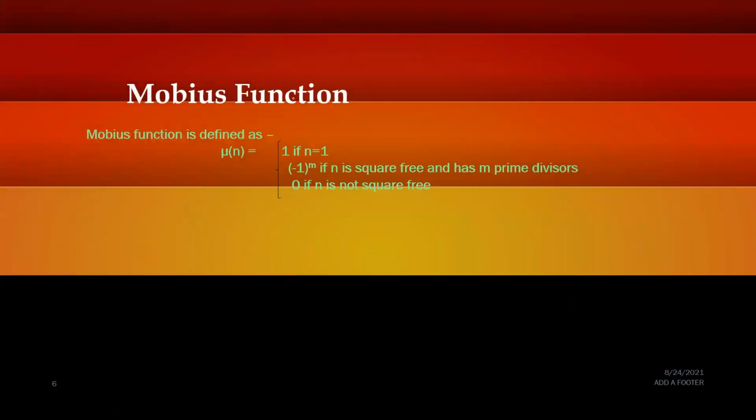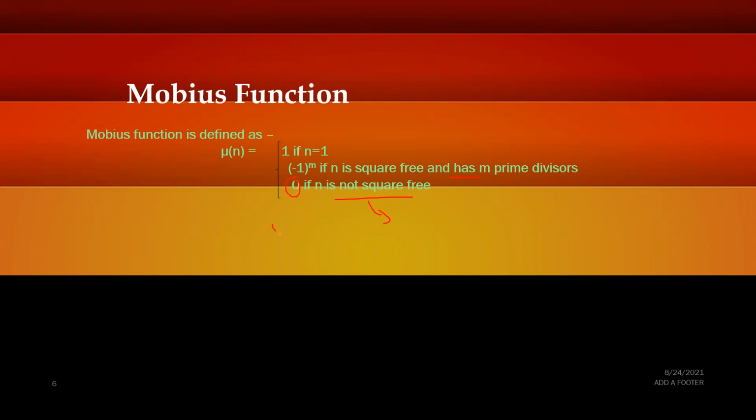The Mobius function is defined as mu of n equal to 1 if n is equal to 1, and minus 1 raised to m if n is square free. Square free basically means that it is not divisible by the square of a number. If n is not square free, then mu of n is 0.